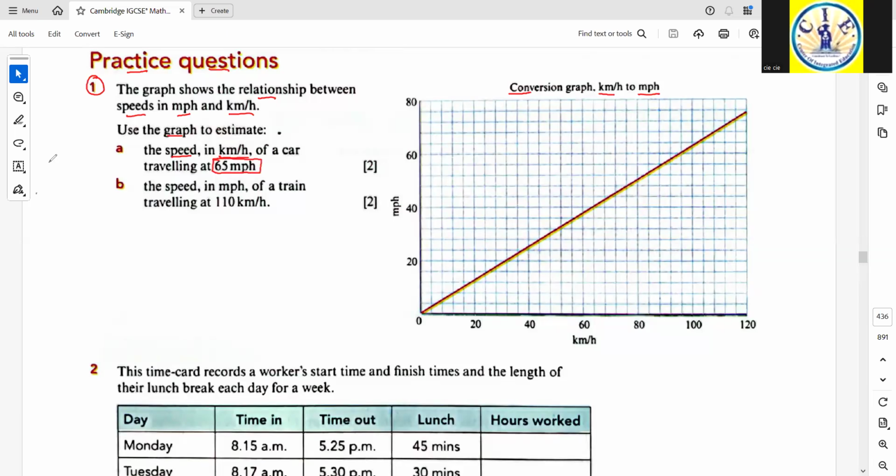So we need to see where this 65 is. Here would be 70, in between 60 and 80. Then for 65, first of all we need to see how much the scale is. How much is the scale given to us?